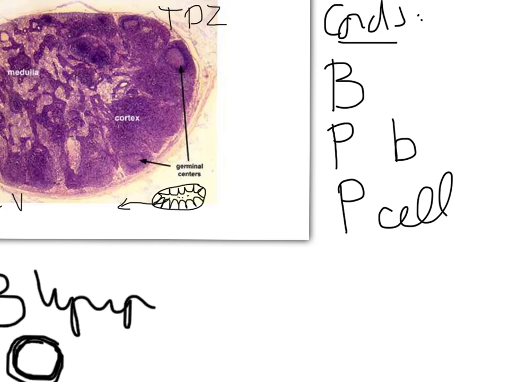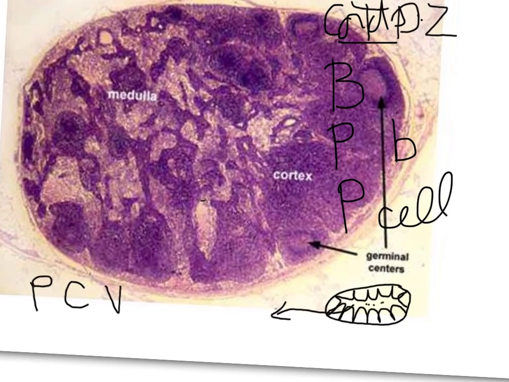Also, you may be asked what is the lining, or what are these light areas here in between the dark cores? These are the medullary sinus. And again, you know that the lining of the sinus is the endothelial cells in addition to macrophages, and this sinus contains the lymph filtered by the cortex.